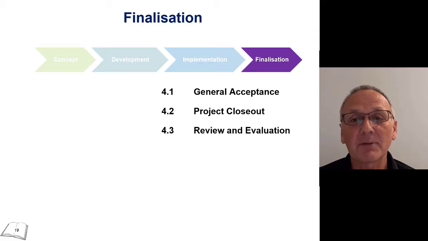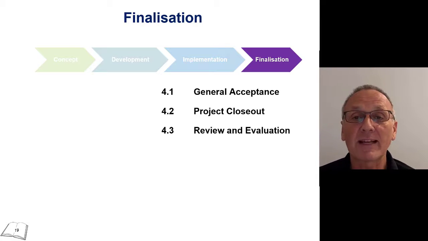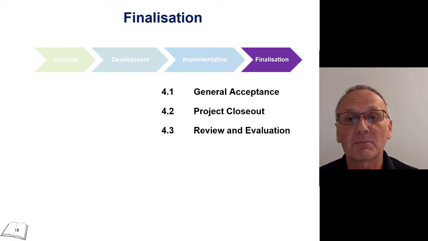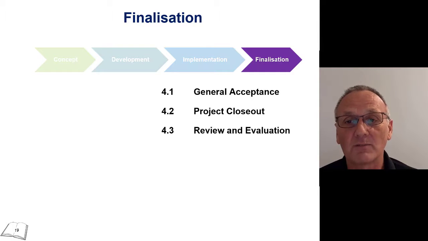And whilst that is happening, we start closing down the project. So project closeout may be some physical work that we need to do. We may need to reconstitute the site. We may need to return some of the materials or refurbish some of the equipment or the facilities that we've been using. So project closeout is very important, and we've got to make sure that it is done well.